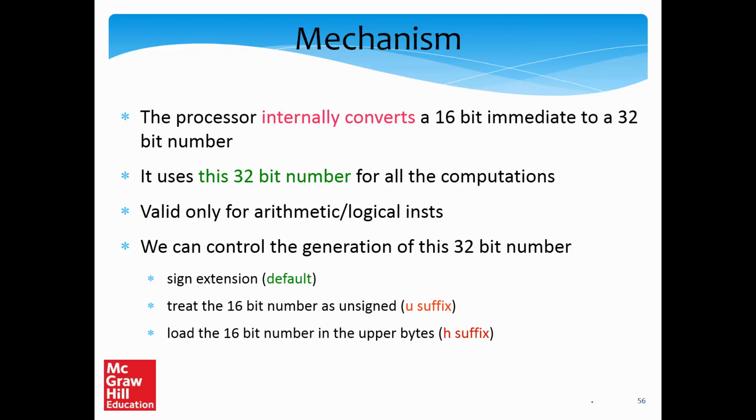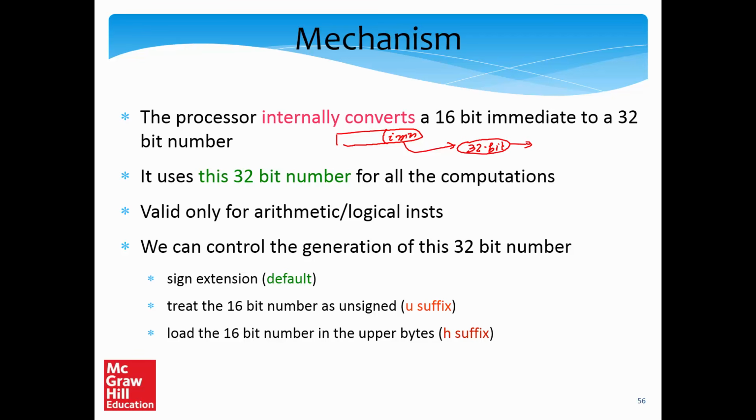So what is the mechanism? The mechanism is that when an immediate is specified in an assembly instruction, the processor will take the immediate and put it in an internal register which is not visible and convert it into a 32-bit number. So essentially the immediate is part of the assembly instruction, it's somewhere inside. This immediate is taken by the CPU and converted to a 32-bit immediate, and this 32-bit immediate is used in the computations.